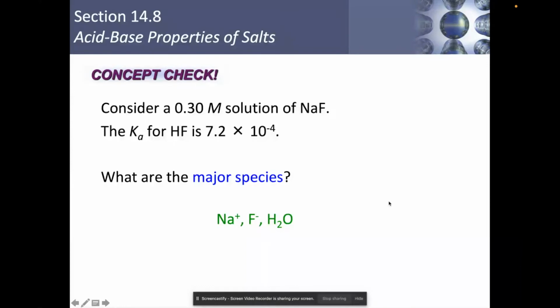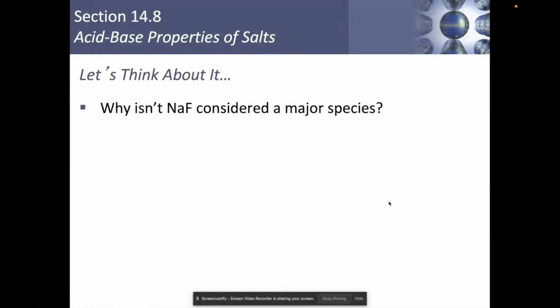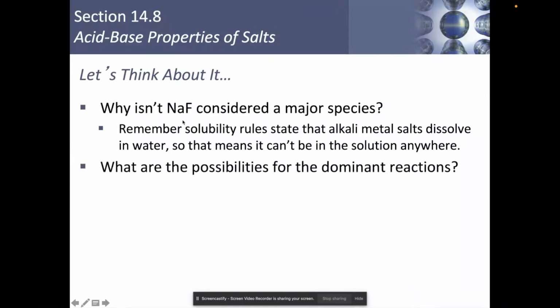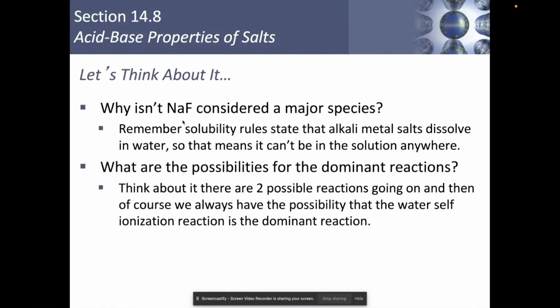Now, why do you think NaF is not considered a major species in that particular reaction? Remember, our solubility rules state that alkali metal salts dissolve in water, so sodium fluoride won't appear in the solution as NaF. In reality, we're limited to really only two possible reactions: the Na plus mixing with water to make products, or the fluoride ion mixing with water to make products.